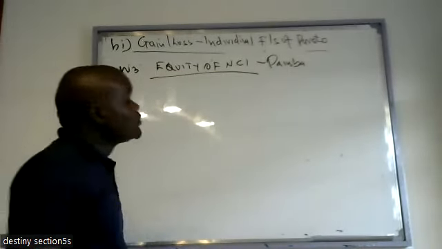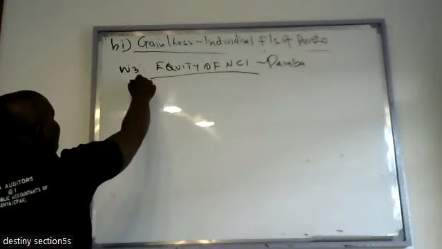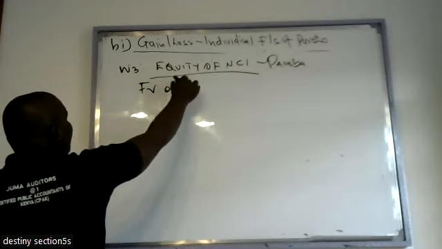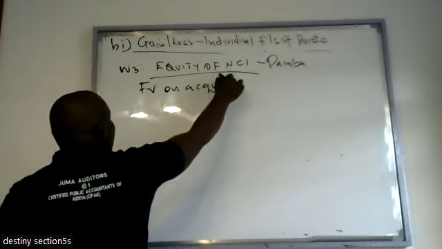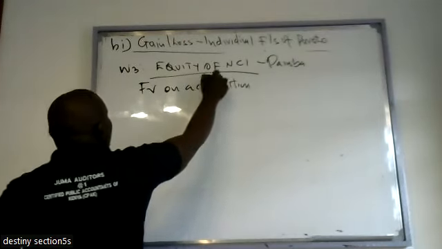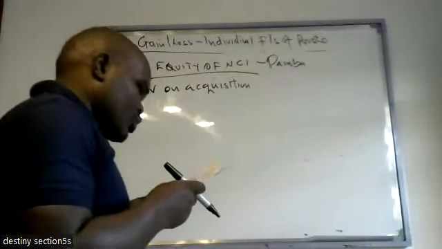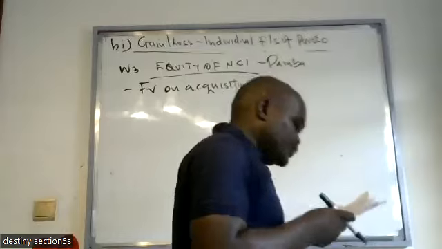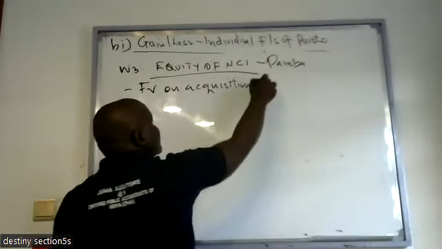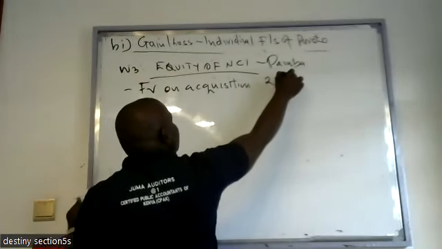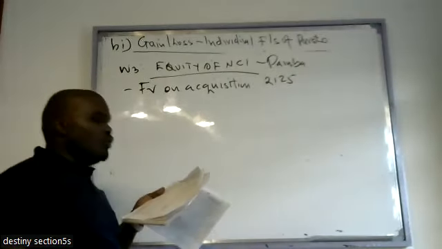So in our very simple approach, you come here and say, fair value on acquisition. So on the date of acquisition, the fair value of minority we were given somewhere, note number 2. The fair value was 21.25.